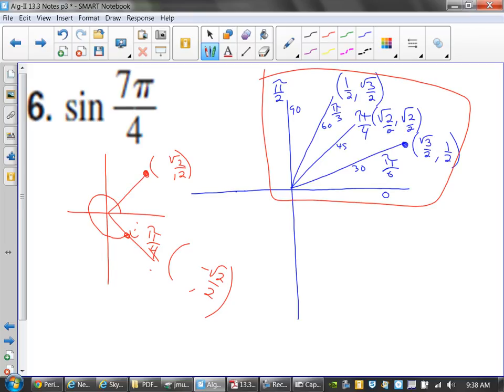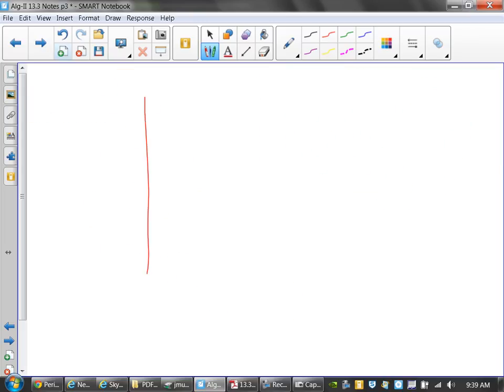Can you run over that one again? You're okay with putting it in the fourth quadrant, right? You're okay with bringing it up for being the reference angle. Now, remember yesterday when I drew the axis, we drew that right triangle.